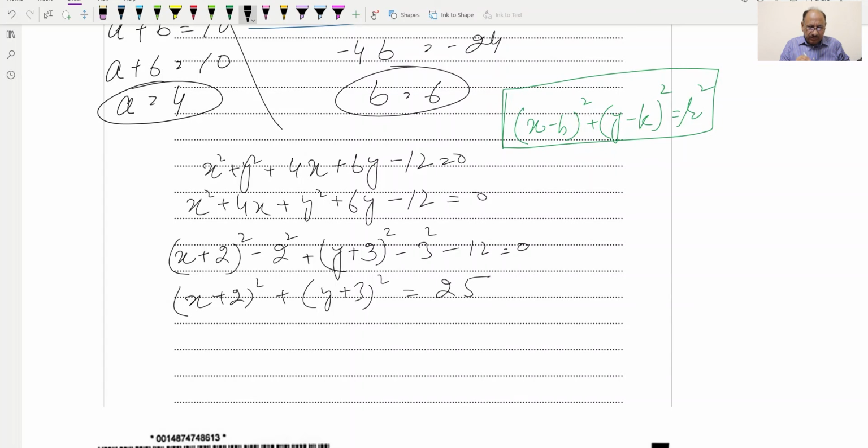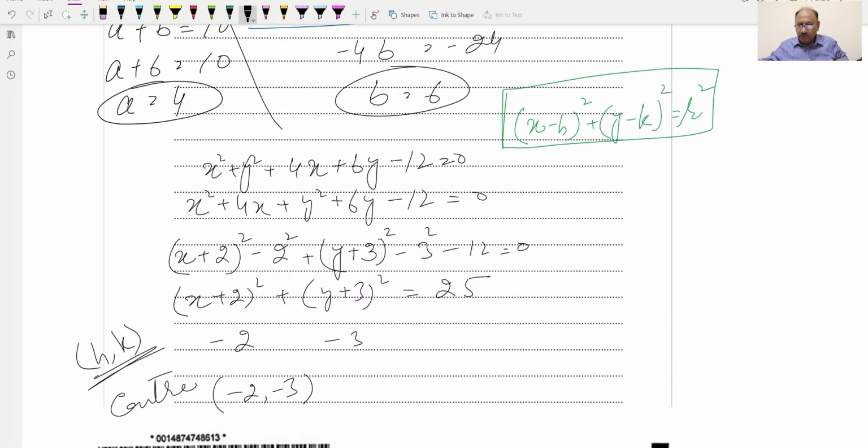And the center will be what? This will be minus 2 and minus 3, the h and k values. So the coordinates of the center are (-2, -3), because we know this is the h and k value which we have written here.